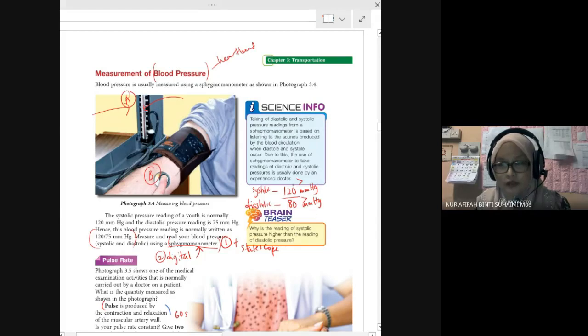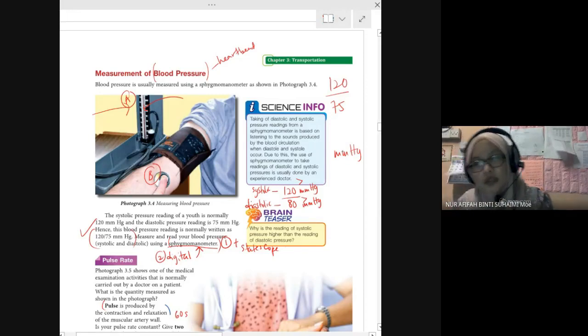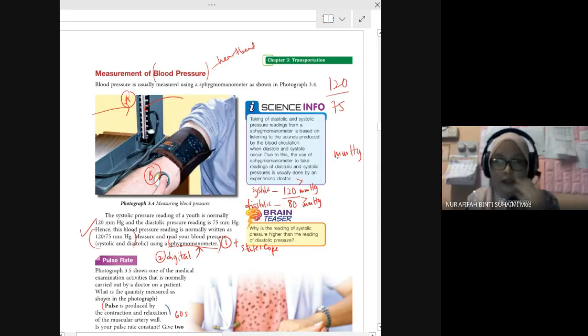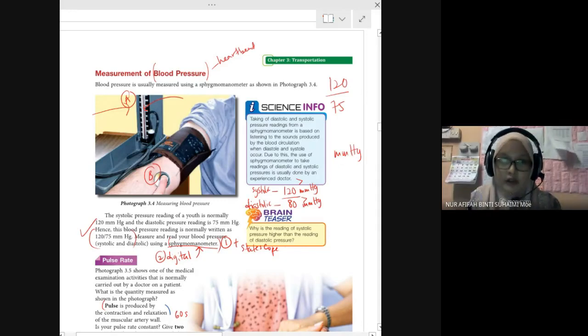Okay, so from this reading, 120 over 70, we follow your textbook here. Millimeters of mercury is the unit used to measure the blood pressure. Millimeter is the unit for length, the length that we get from the scale of the sphygmomanometer here.